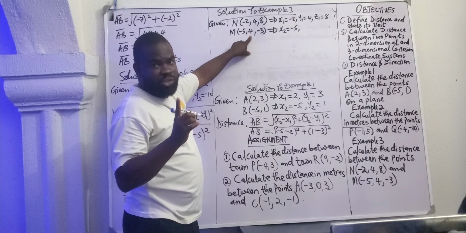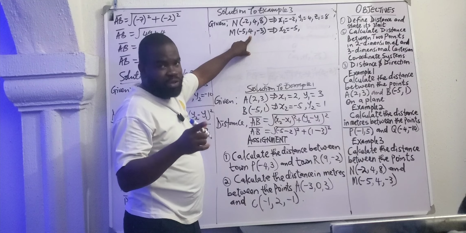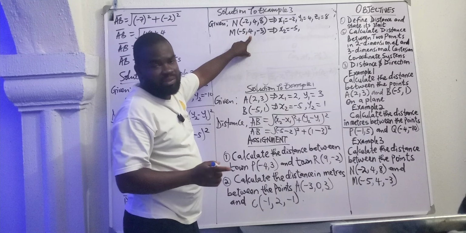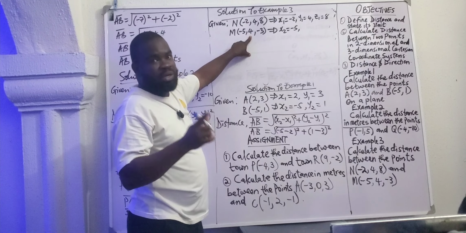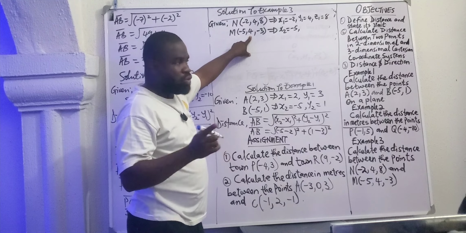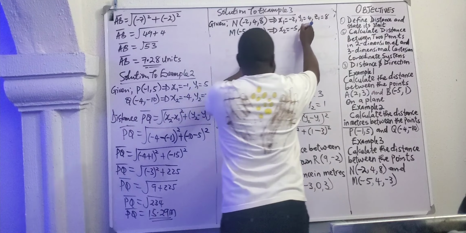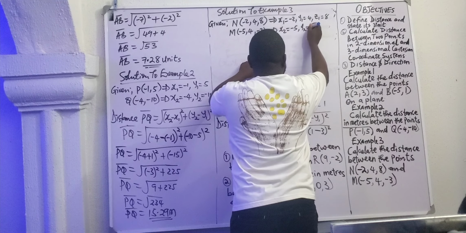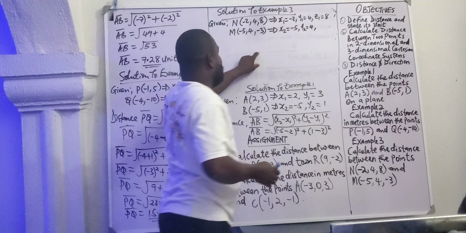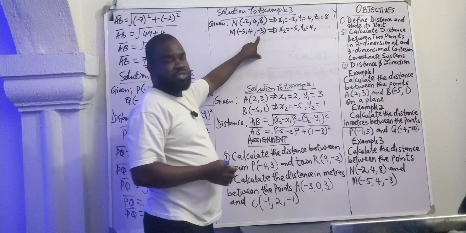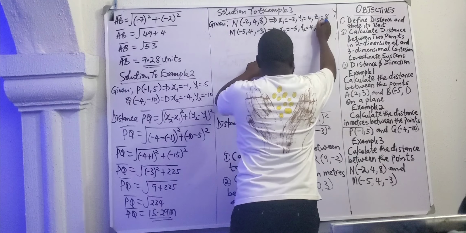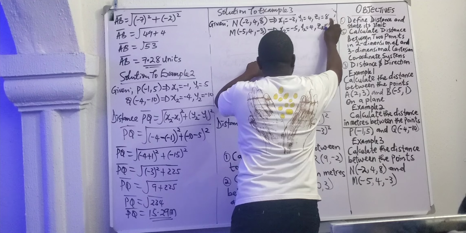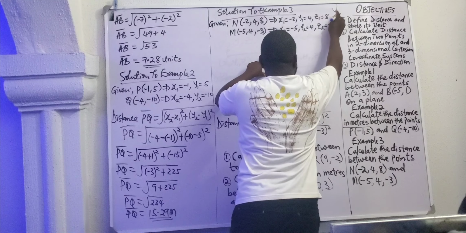The second value is a Y value, the value in the vertical direction, the Y coordinate, also called the ordinate. So Y2 is given as 4. And then the last value is the Z value. So Z2 is given as minus 3.